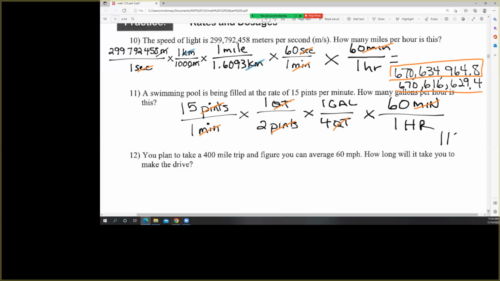Did you come up with 112.5? Good. We should all come up with the same thing there because there's no ambiguity. The conversions have not been rounded, and that didn't even have to be rounded. It was just 112.5.